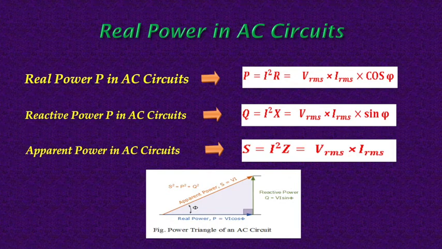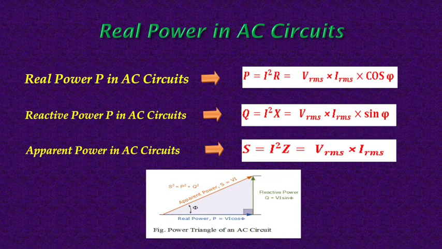The third one is apparent power in an AC circuit. We have seen that real power is dissipated by resistance and that reactive power is supplied to a reactance. As a result, current and voltage waveforms are not in phase due to the difference between a circuit's resistive and reactive components.